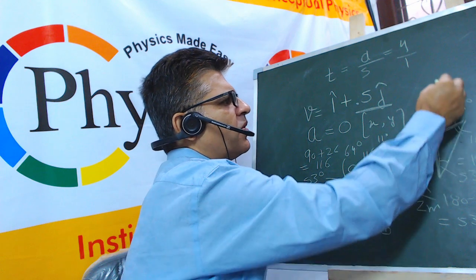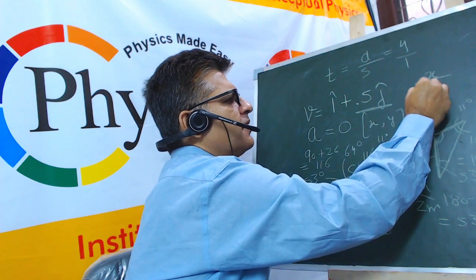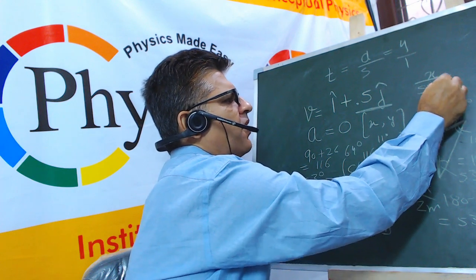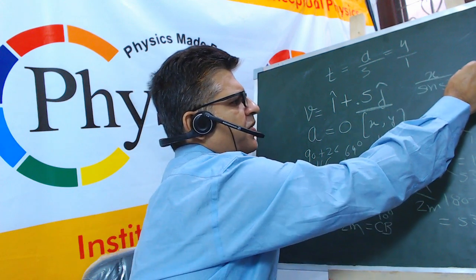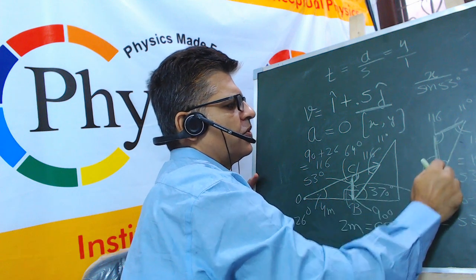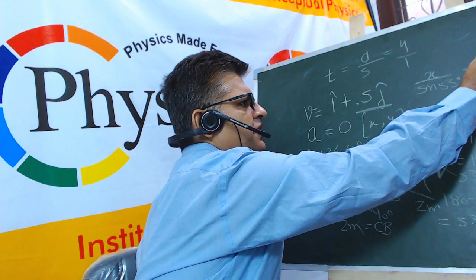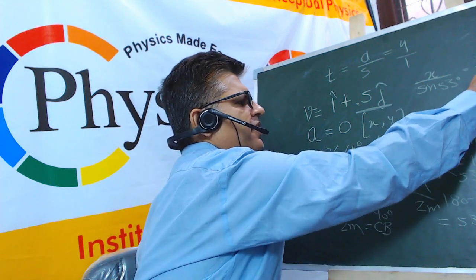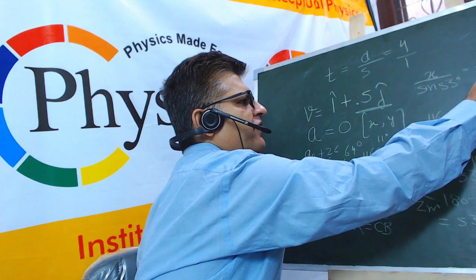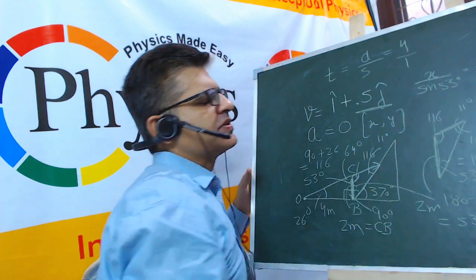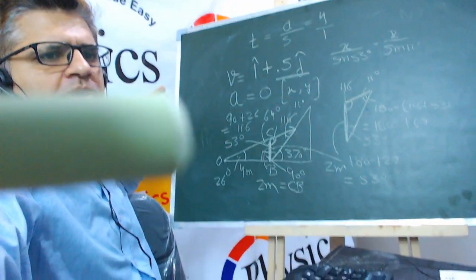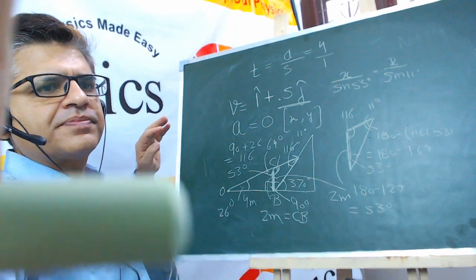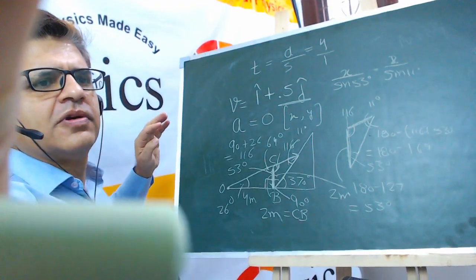Let me call it x. So x upon sine of 53 degrees is going to be equal to, we know this, right? This is 2 meters divided by sine of 11 degrees. Okay, use this particular equation to calculate the value of x.